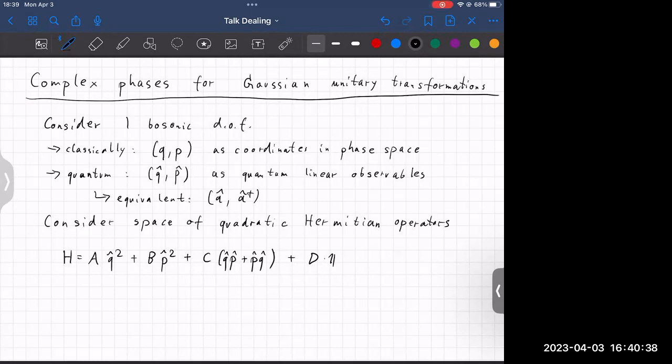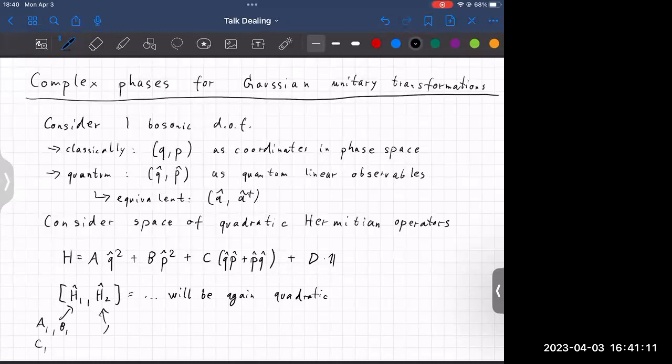We can ask if we have the commutator of two such quadratic operators. So let's call the commutator H1 being of this form and H2 of this form. It will be again quadratic. So here we would have A1, B1, C1.